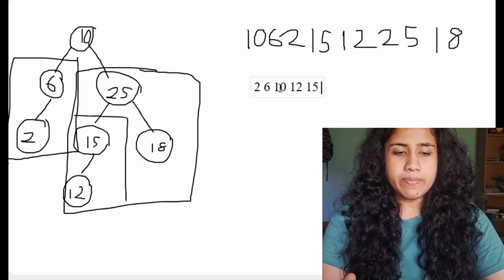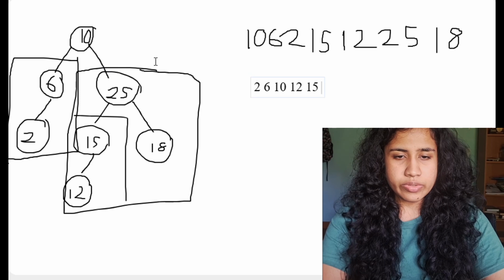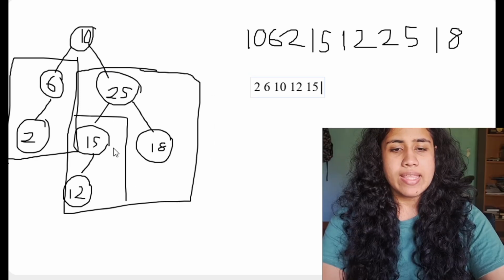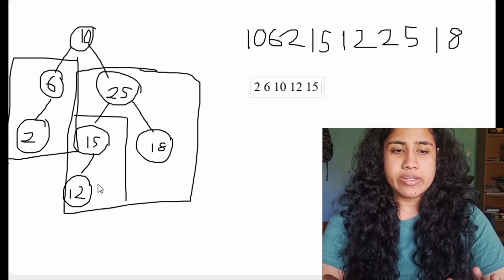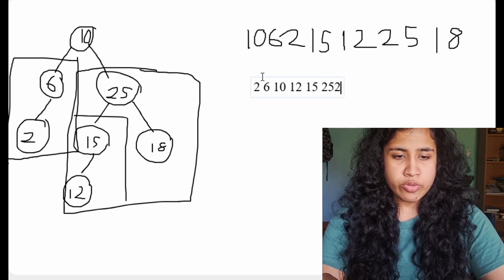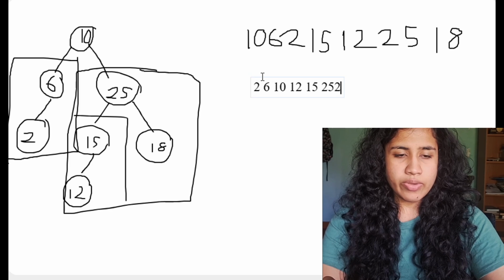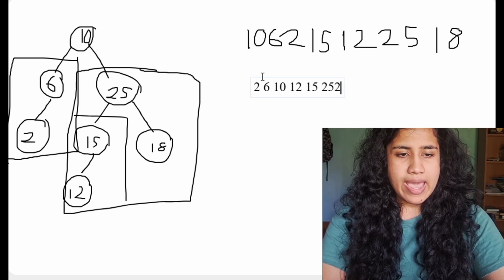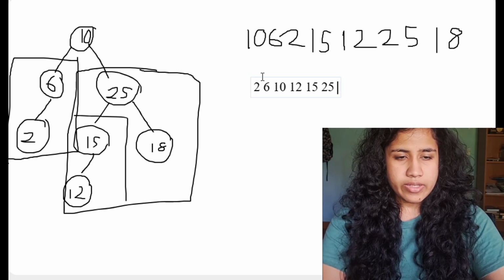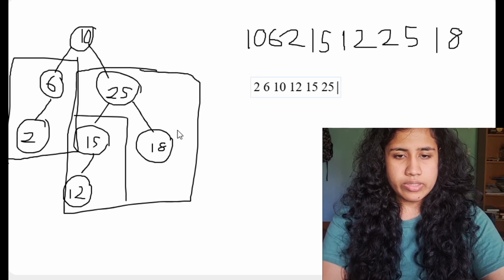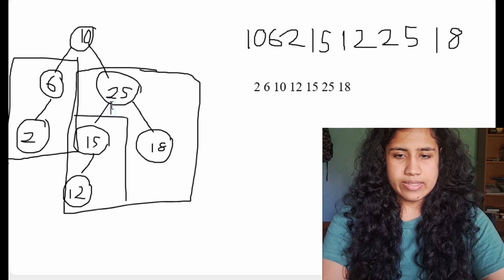Now we check whether 12 has a child: node, then left child, then node, and next we have to write the root node of this subtree. So now we have finished this subtree, and in this subtree 25 is the root node, and then the right child 18.